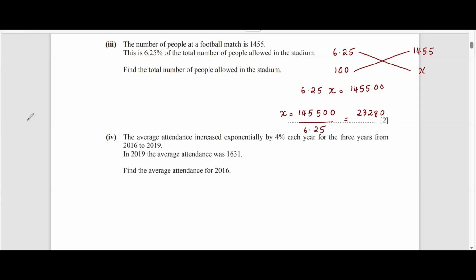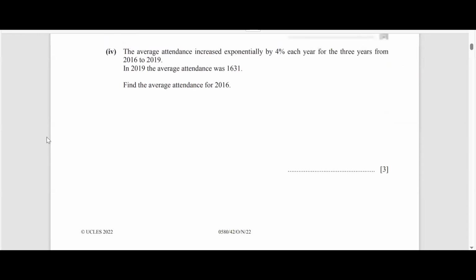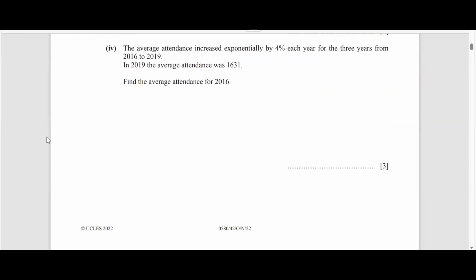Now let's move on to the next one. The average attendance increased exponentially by 4% each year for the 3 years from 2016 to 2019. In 2019, the average attendance is 1,631. Find the average attendance for 2016. So now this is a repeated percentage increase, or we can say this can be a compound interest question as well.